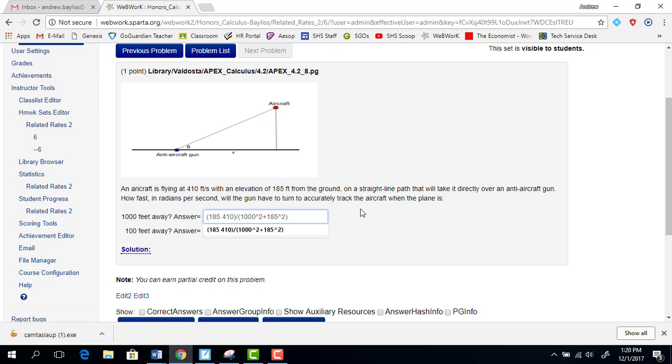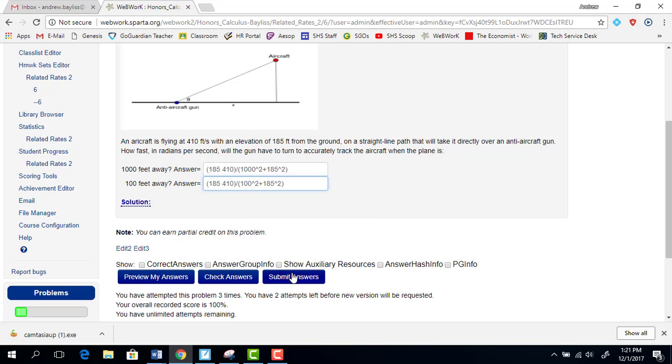Because the only thing that's changing from the first answer to the second answer is the 1,000 going down to 100, I'm just going to copy this using Control-C, go down to the bottom answer, paste it in here, and change that to 100.